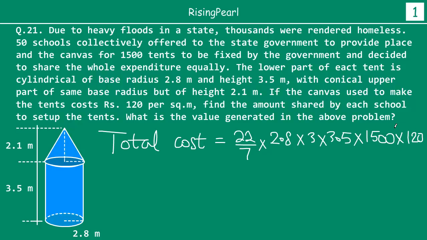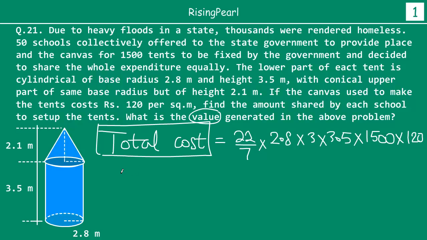Because for 1 meter square it is 120. For this many square meter it will be this multiplied by 120. So we simply have to find out what this number is, right? So this is the total cost, and this is the cost for canvas. So like I said earlier, the total cost will be this, and this will be equal to the value which is generated, right?